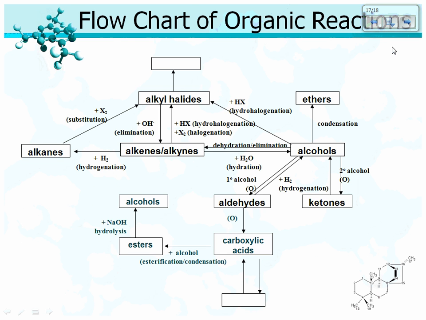All right, so if we fill in our flow chart, what did we add in today? We added in carboxylic acids, esters, and we actually added in another alcohol over here. The reason I added it over here is just because I didn't want to have an arrow that went up to alcohols, but it basically is the same thing. So just to keep the chart a little bit more organized, I threw alcohols up there again. We just looked at on the last slide how to make an ester into an alcohol and basically a carboxylic acid.